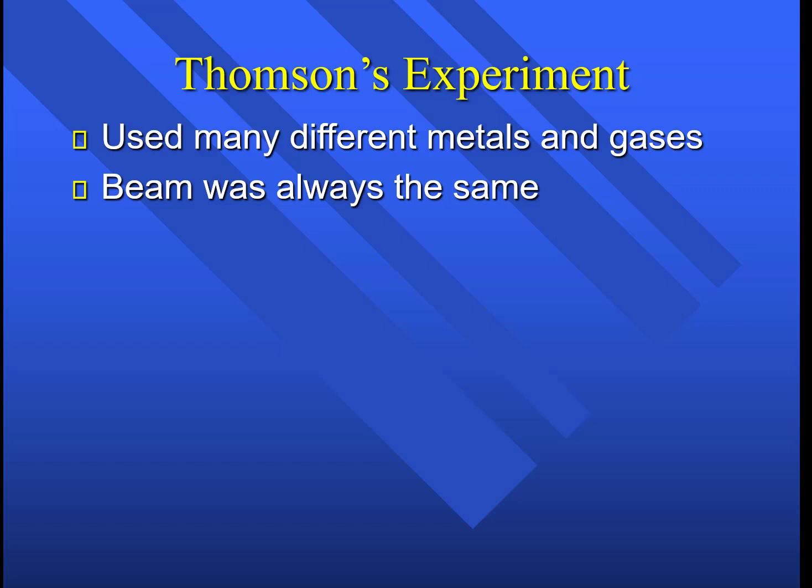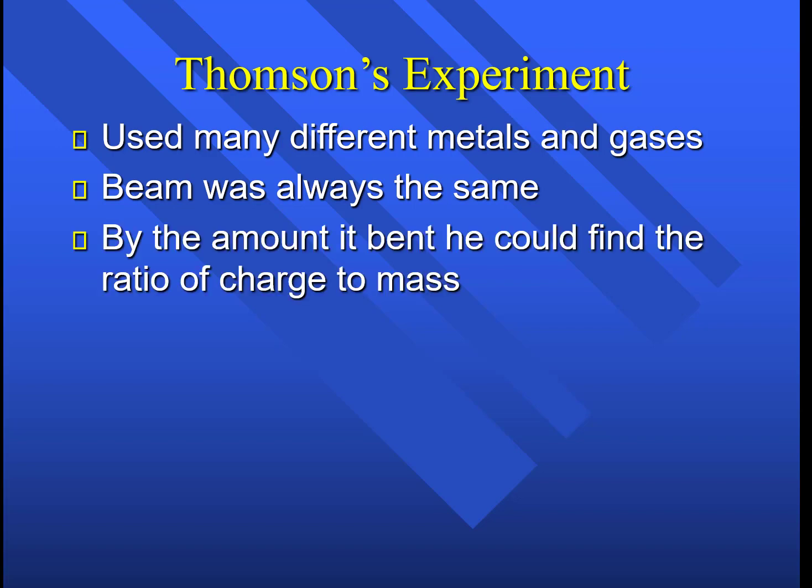So let's think of what we got now. We got a negative thing with mass that shows up no matter what substance I put into it. And when I say the same, he actually found the ratio of the charge to the mass. And it was the same no matter what he put in there.